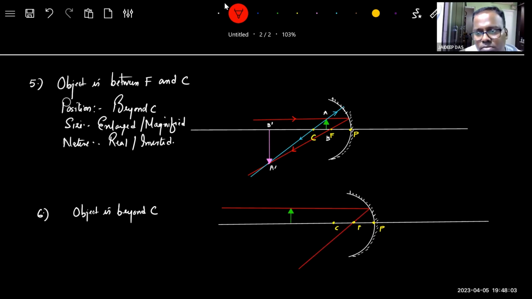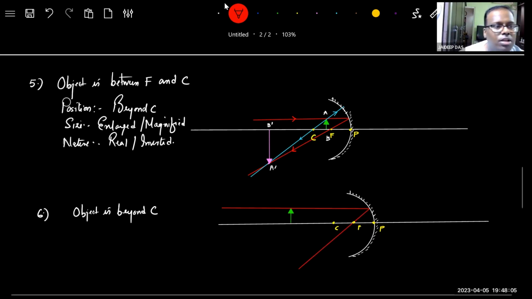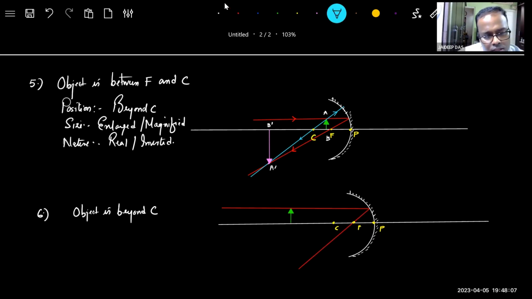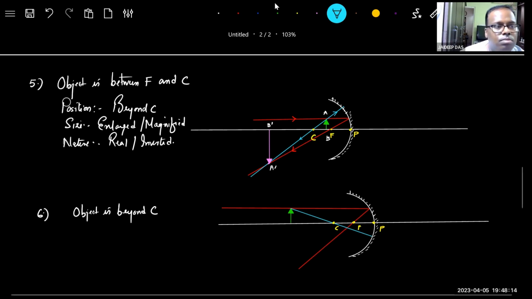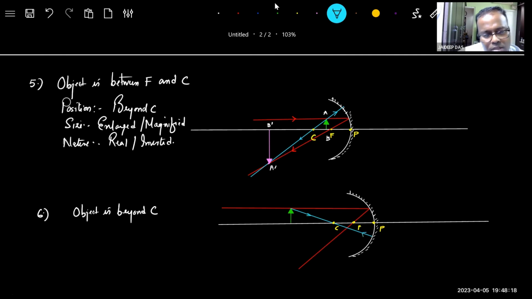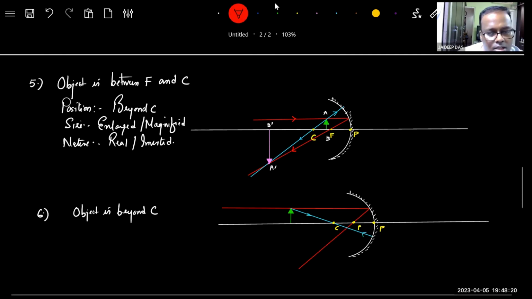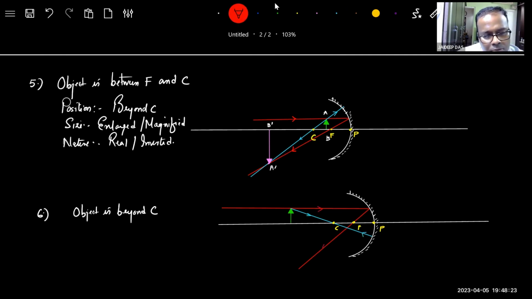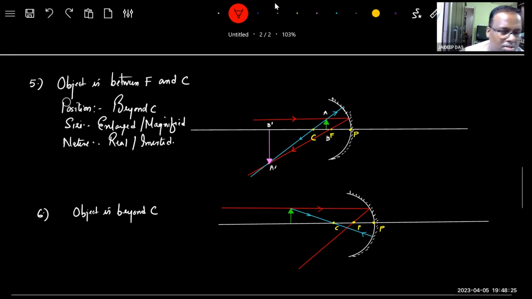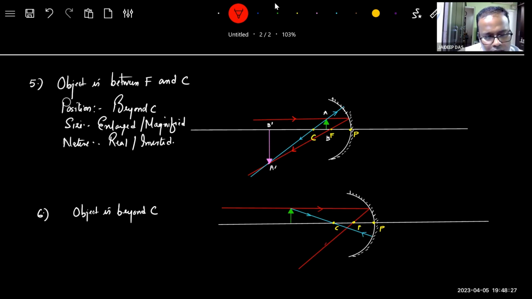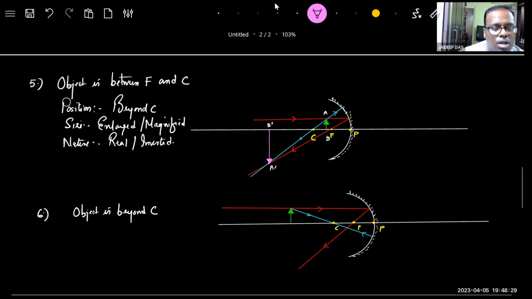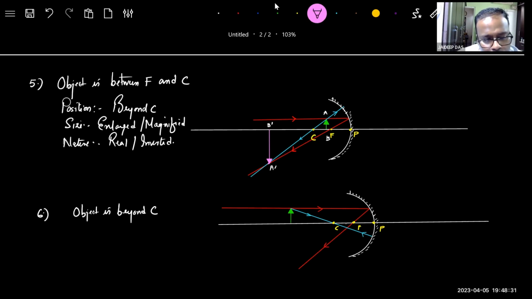And another ray of light which passes through the center of curvature remains undeflected. ये यहां से गया और यहीं पे वापस आया. और लाल वाला कैसा था? यहां से गया, यहां पे वापस आया. अब इमेज कहां पे फॉर्म होगा? इमेज बिटवीन C और F फॉर्म होगा. यहाँ पे उल्टा इमेज फॉर्म होगा.